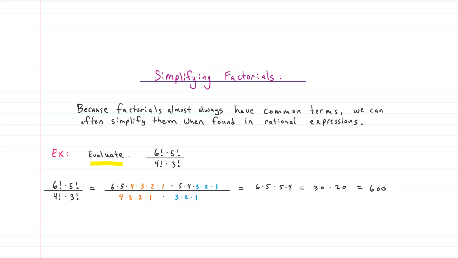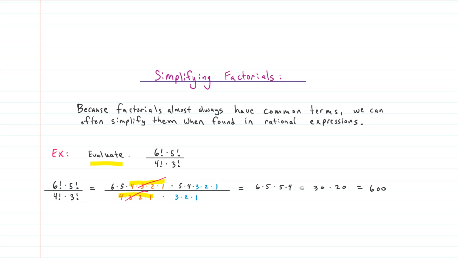All of those multiply together. And then 4 factorial on the bottom, I have 4 times 3 times 2 times 1. And you notice that there is some common stuff. In other words, 4 factorial in the bottom can completely cancel with the 4 times 3 times 2 times 1 in the top instead of 6 factorial. So those go away.